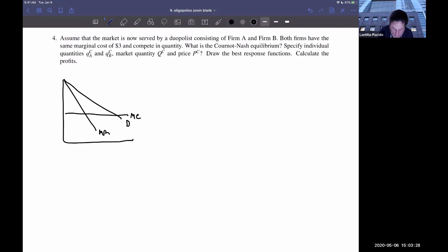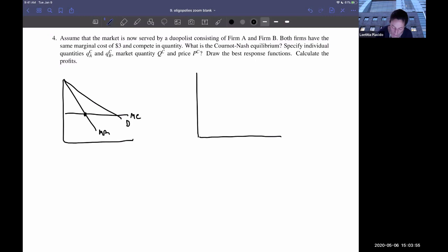And the monopolist sets the optimal quantity where marginal revenue equals marginal cost. So now we have two firms on the market. Let's say that I am firm A. How am I going to determine the quantity I'm going to produce depending on the quantity chosen by firm B?